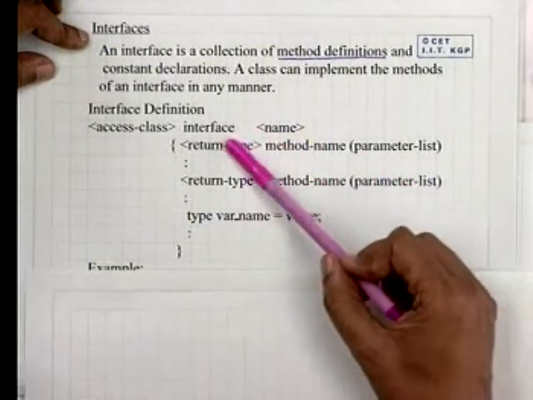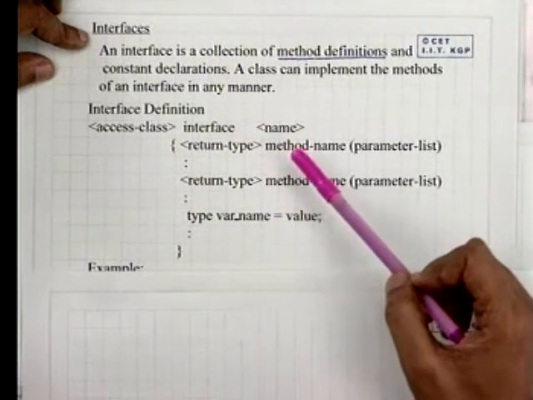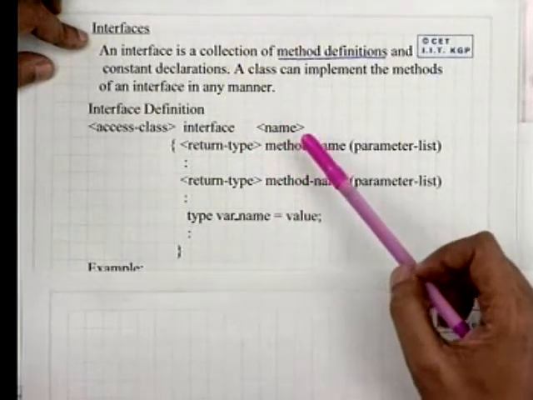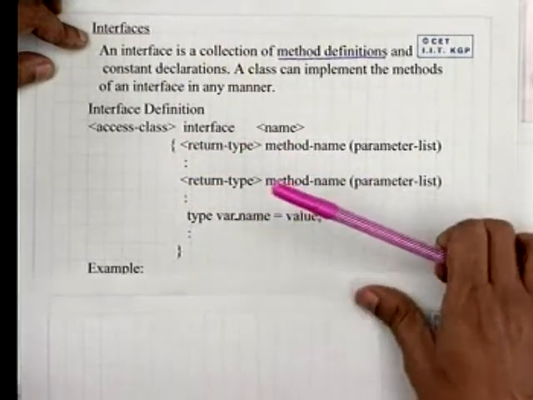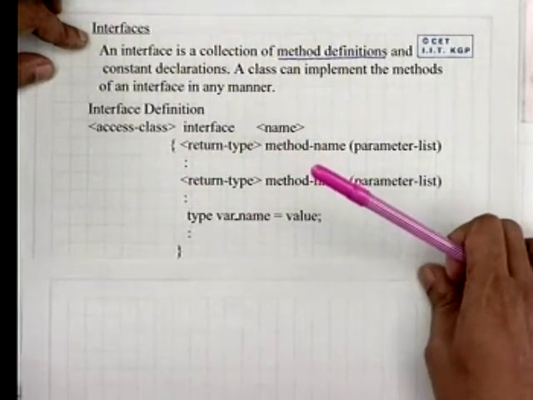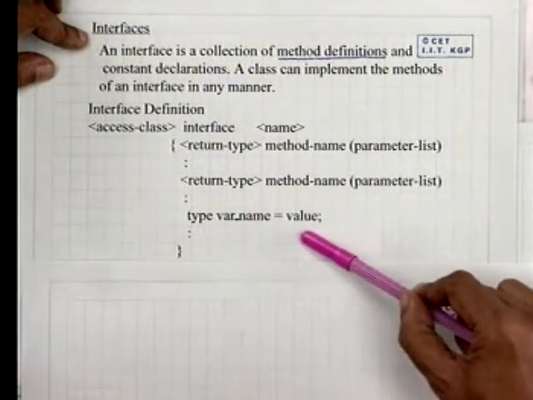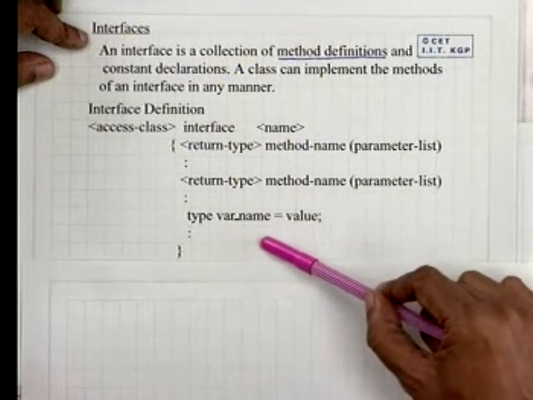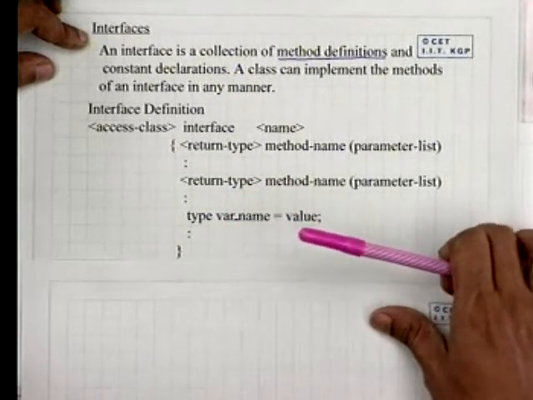By the way, all the methods here must be public. That means they must be available to the external user, and that's why we cannot use anything like private or protected in this situation. And then we can have different variable names. These are essentially constants and will be treated as constants.